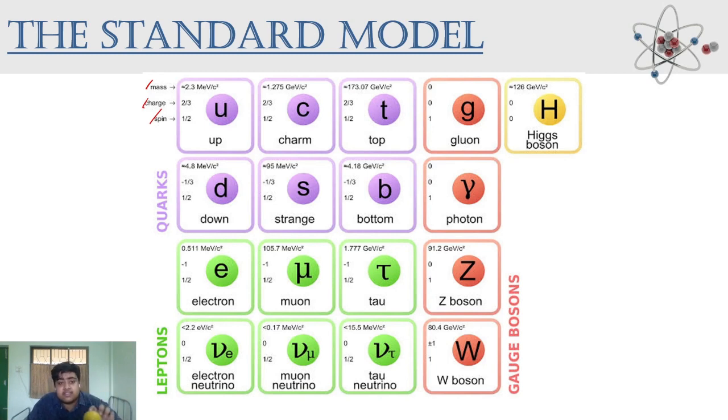I hope you can see this. This is a ball, a mere sponge ball. So, as you can see, here are particles with spin of half. And you can see here particles having spin 1, and here there are particles having spin 0.